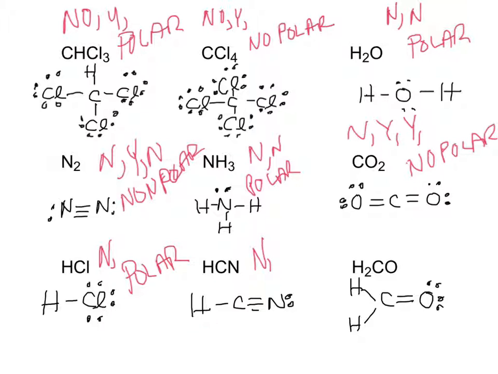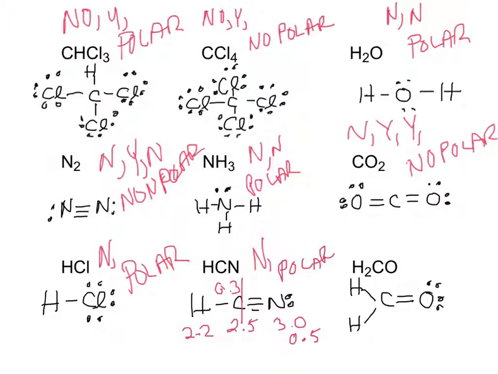If you do the math real quick, the electronegativity of carbon is 2.5, the electronegativity of nitrogen is 3, and so the difference there is 0.5. And if you do it for hydrogen and carbon, the difference is 0.3, which is considered to be a nonpolar bond. And therefore, there is a polar end to this molecule, and therefore it's going to be a polar molecule. You can look at it too just from a symmetry point of view. If you drew a line right down the carbon here and looked on both sides of this, they're not the same. So therefore, it's got to have some type of polarity. So this is going to be polar.